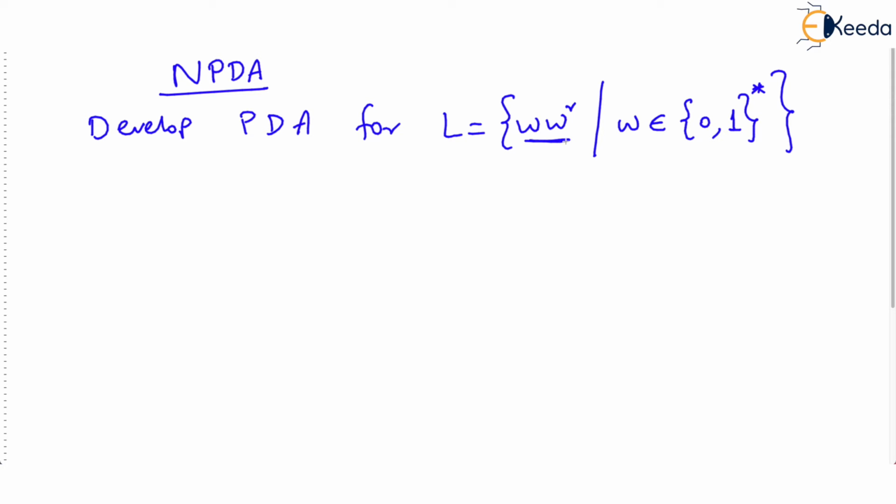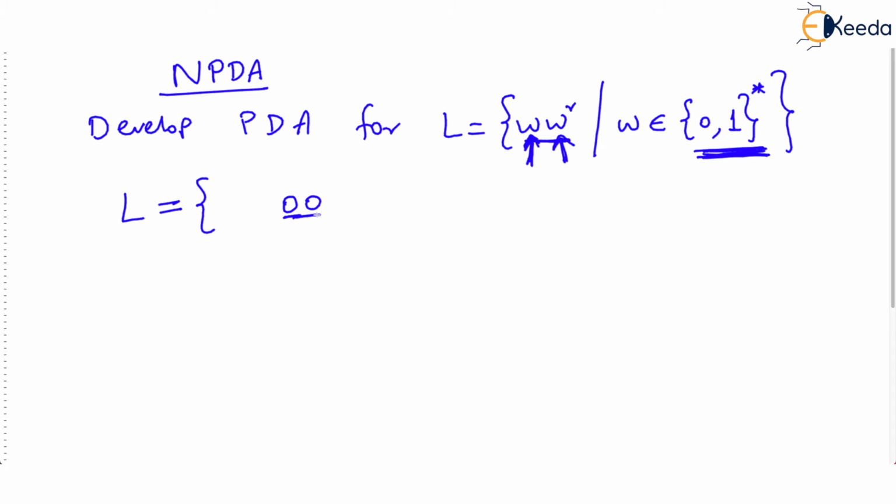These are the words that should be in the language, where this word W itself is made up of any combination of 0 and 1, and this W raised to R is just the reverse of the word. So if we take this W, the first word, as 0, because we can take anything from 0 and 1, the next component W raised to R will be the reverse of this, which is 0.